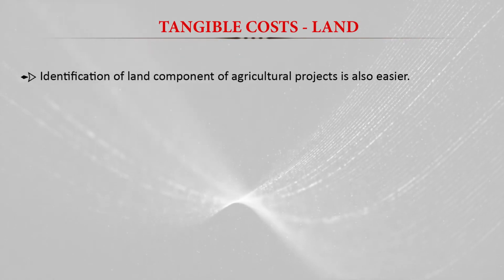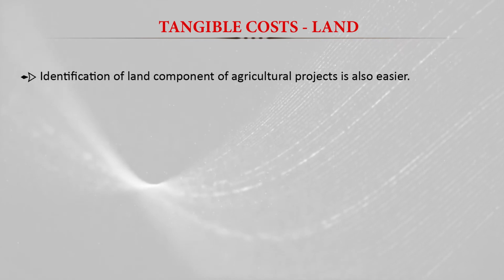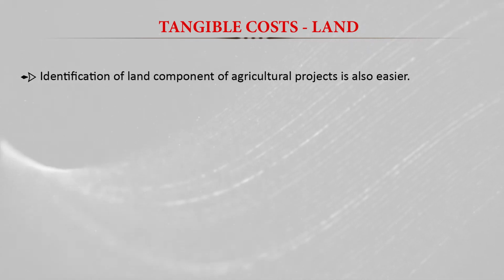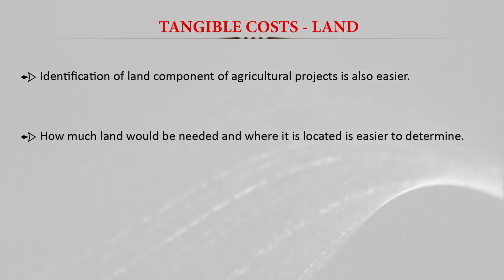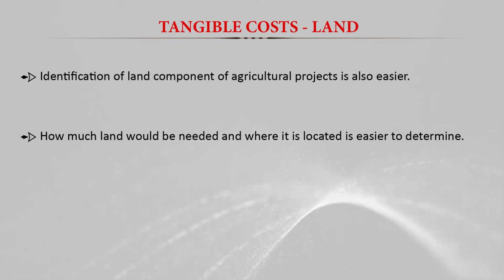Then another example of tangible cost is land, and identifying the land component of an agriculture project is also easy. How much land will be required and where it is located is easy to determine.